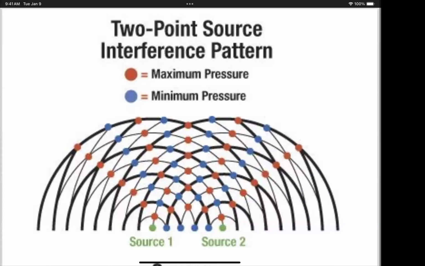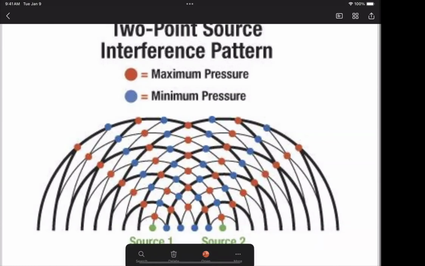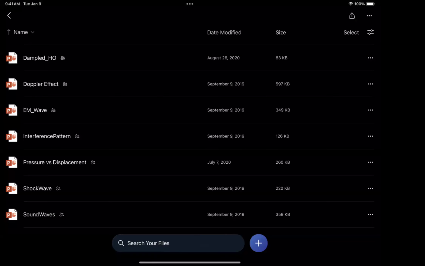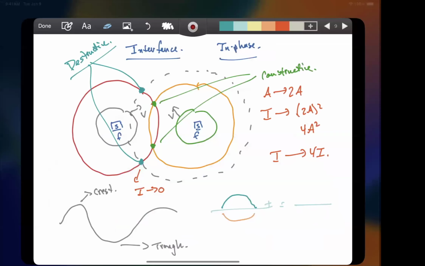Then the sound level will increase, increase, and become a maximum. Then it'll decrease until we hear nothing, and then go through the whole process again. So what we want to know is where these locations of maximum and minimum interference are.